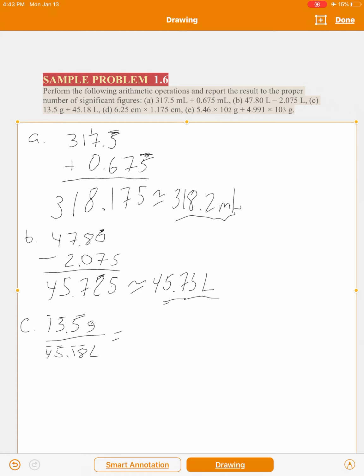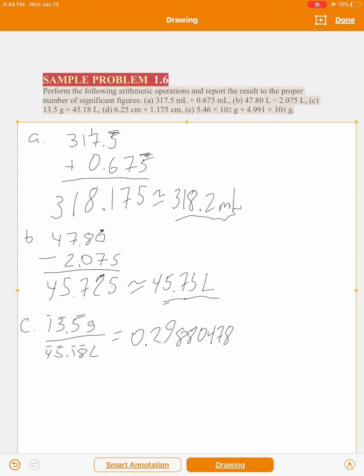Now with this one, to do the calculation, I'm going to pull out a calculator and do 13.5 divided by 45.18. And I'm going to go ahead and write out a bunch of digits that the calculator gives me. 0.29880478. I'll worry about the units in a moment.